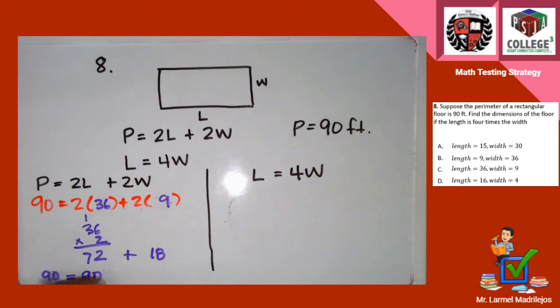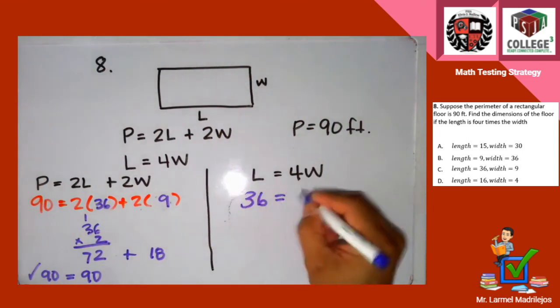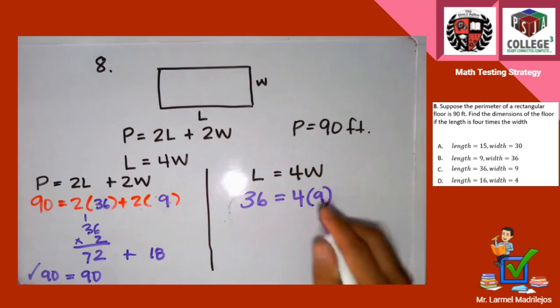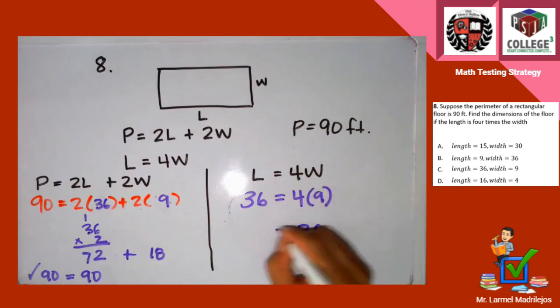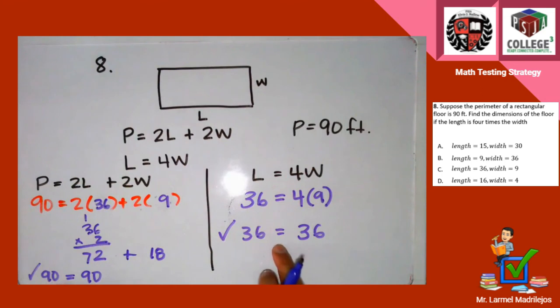It matches our equation. Let's verify here. The length is 36. 4 times 9 is 36, equals 36. Both, and the answer satisfies both equations.